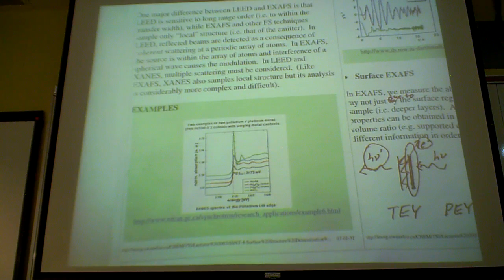Okay, so this is why we call XAFS a local probe, because it probes the local structure, a single atom inside your structure, the immediate local neighborhood of the emitter that you have.